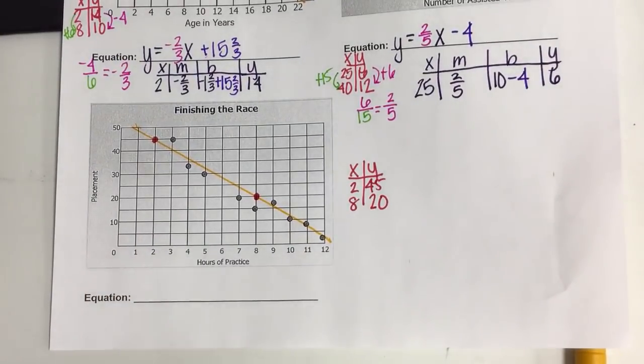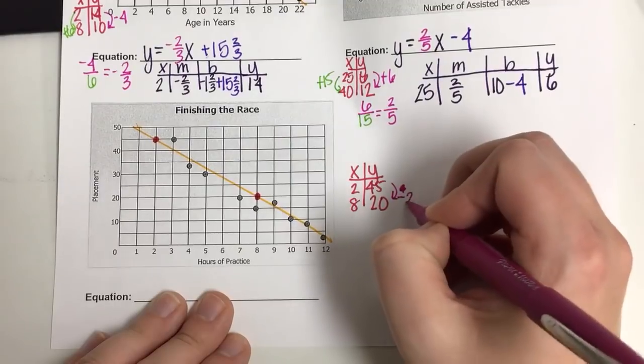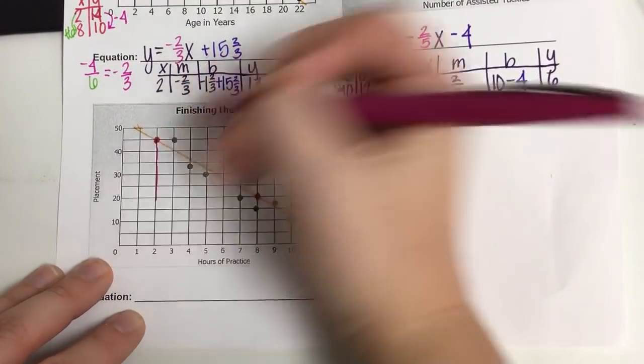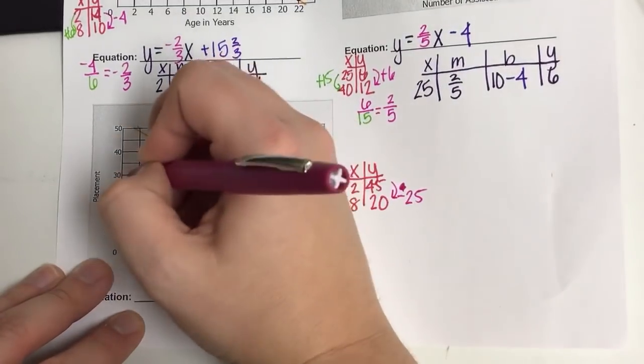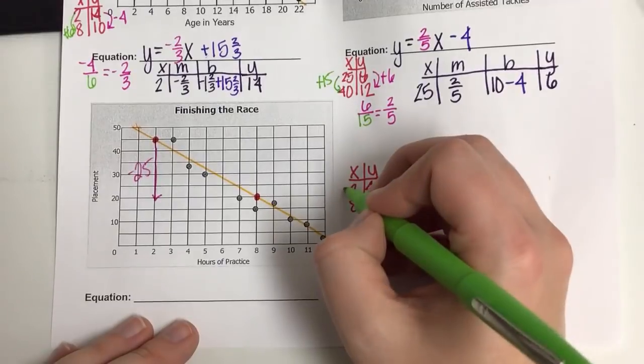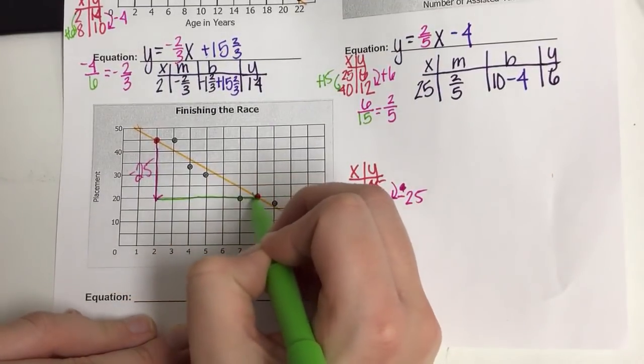So we want to find our change in Y. So our change in Y is going to be minus 25. You can also see that on our graph because we go down 25. And then our change in X is +6. So again, make sure you're paying attention if you're doing rise over run to your scales.